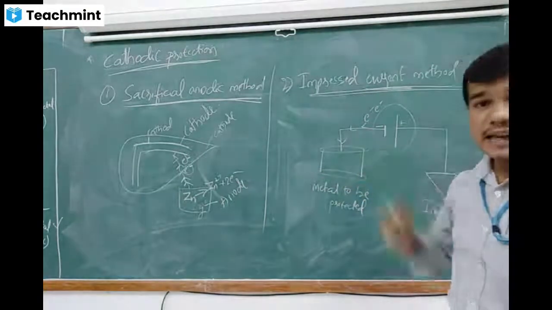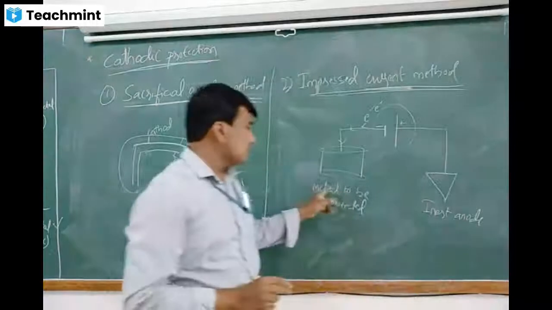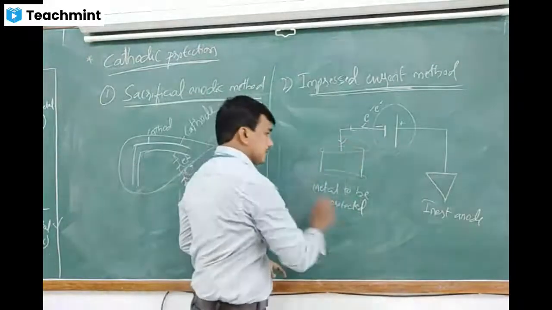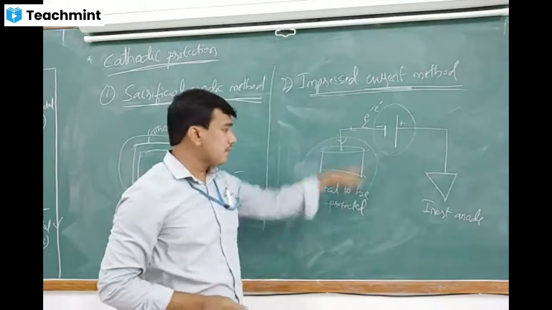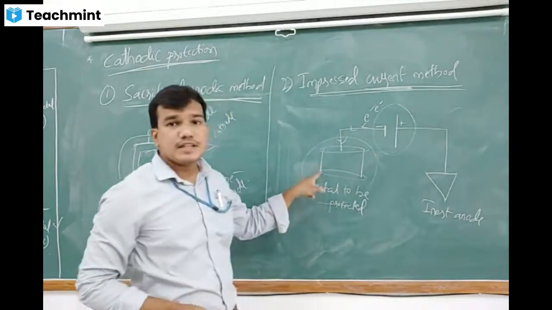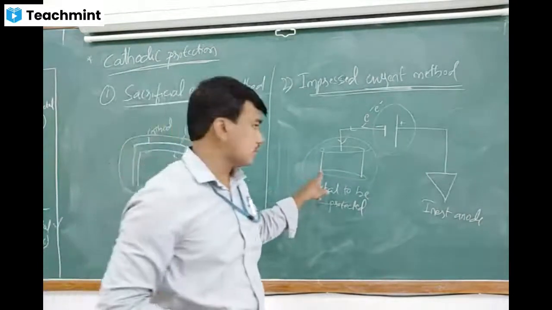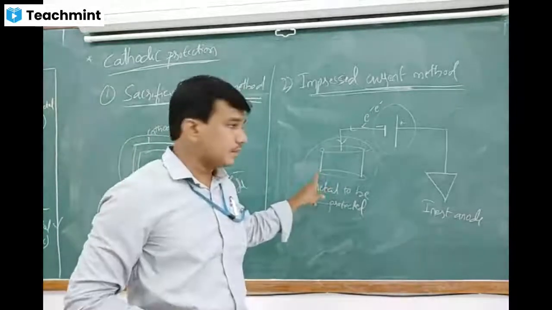Continuously electrons are moving to the metal, so this metal acts as the cathode, which protects it from corrosion.